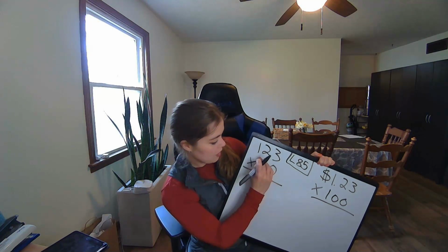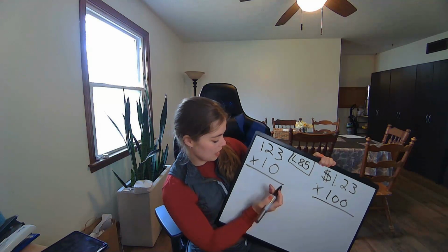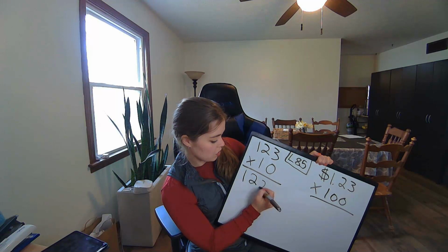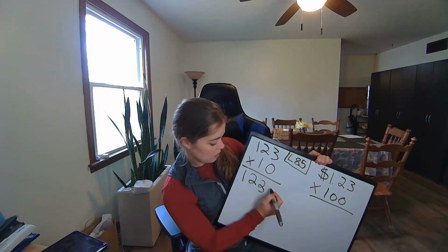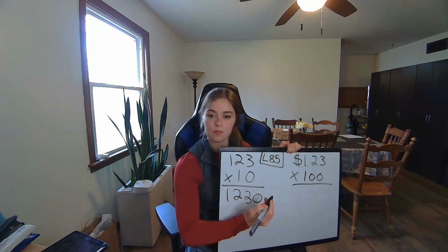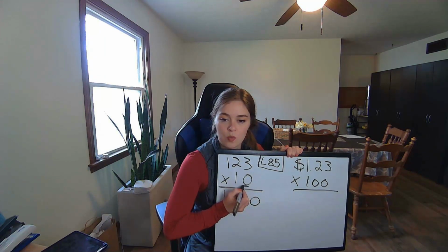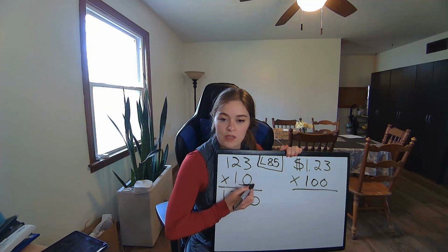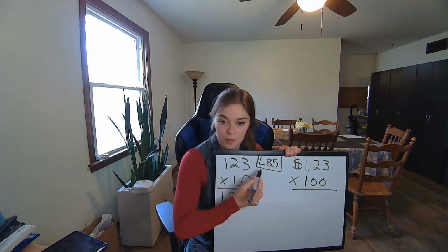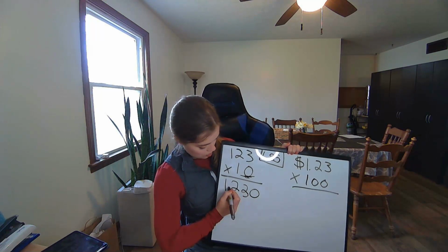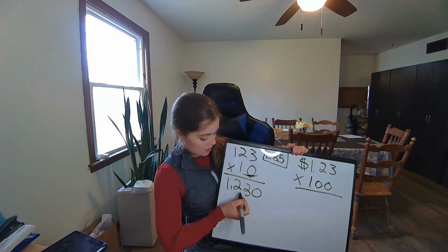So for example, 123 times 10 would equal 1,230, because 10 has 1 zero, right? So when we're multiplying, we're adding 1 zero on to the original number, which is 123. So that would be 1,230.